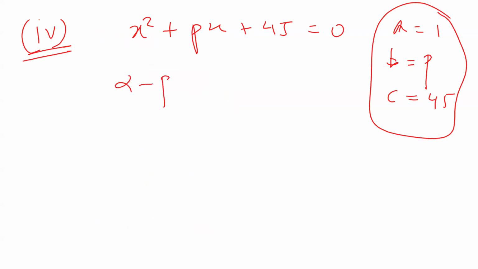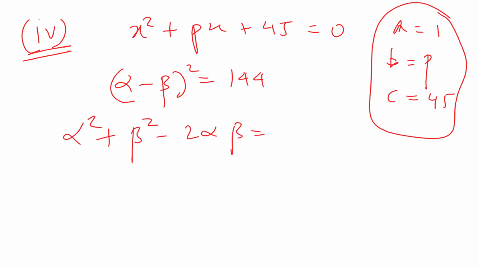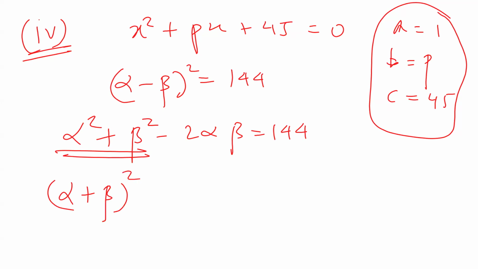So the difference of the roots is alpha minus beta, and the square of this is equal to 144. So square this: alpha square plus beta square minus 2 alpha beta is equal to 144. Alpha square plus beta square is alpha plus beta the whole square minus 2 alpha beta, so alpha plus beta the whole square minus 2 alpha beta minus 2 alpha beta is equal to 144.